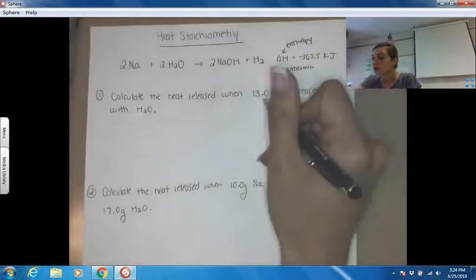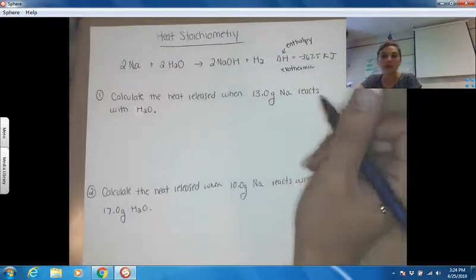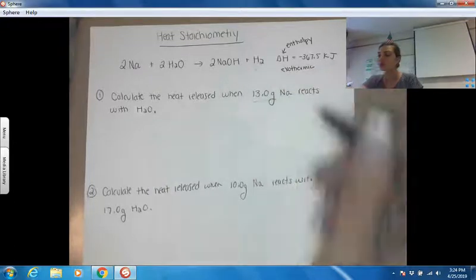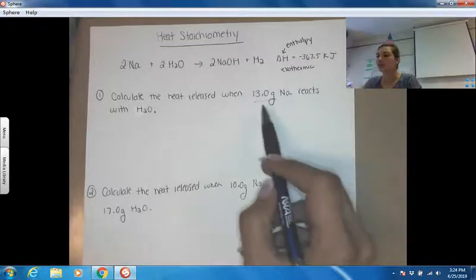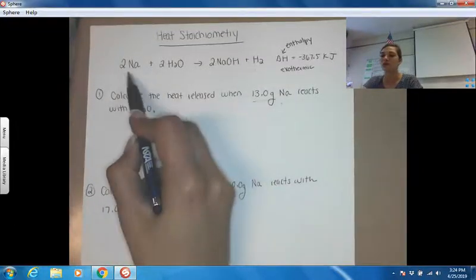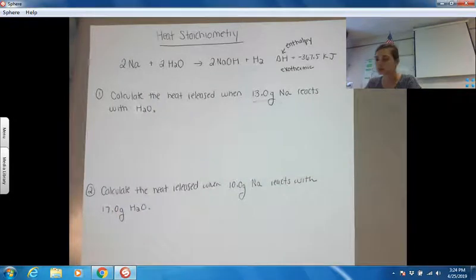For the first problem, we're not putting in anywhere close to 2 moles of sodium. We are putting in 13 grams of sodium. So we're going to have to do some rearranging of units to figure out how much energy is going to be given off if we put in this amount of sodium as opposed to 2 moles of sodium.